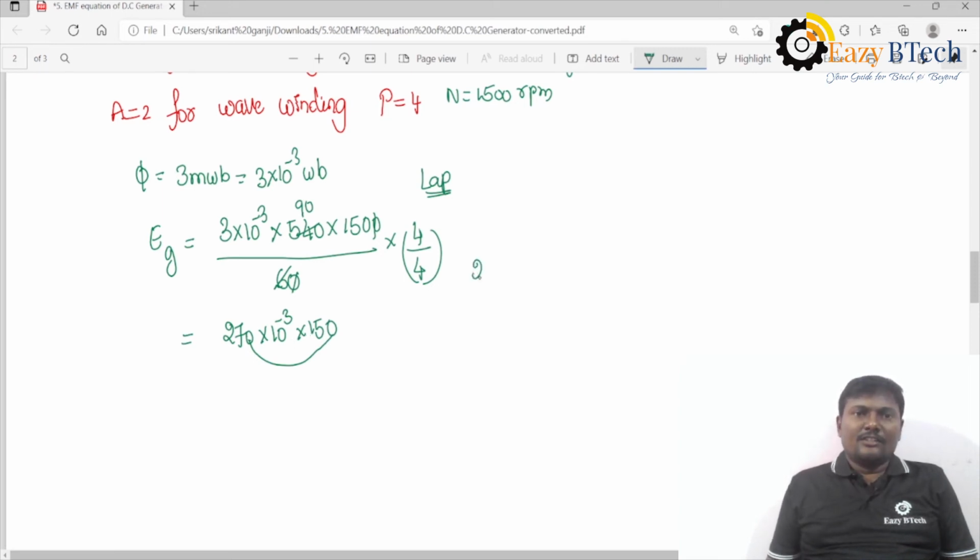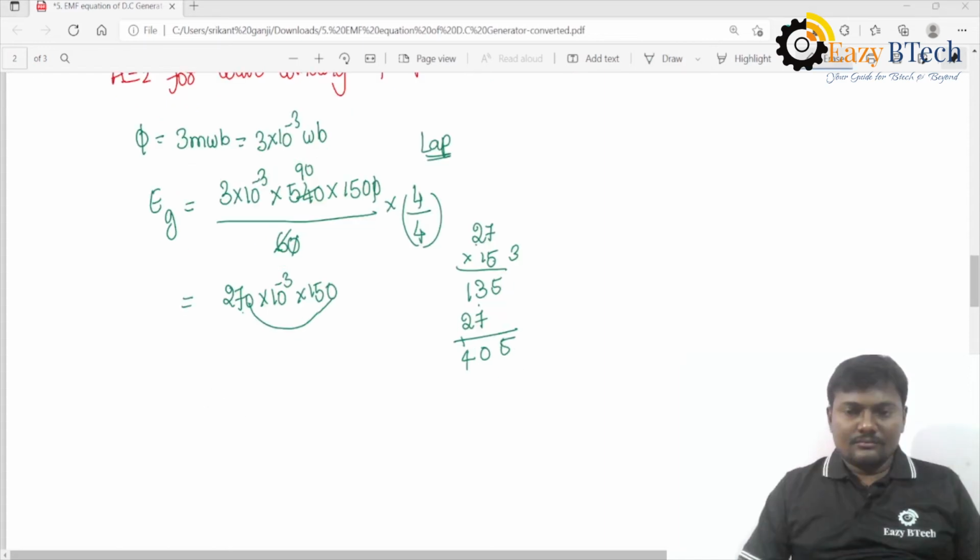So two zeros are cancelled, and 27 into 15 is how much? 5 7s are 35, 5 2s are 10, so 27, so 405.